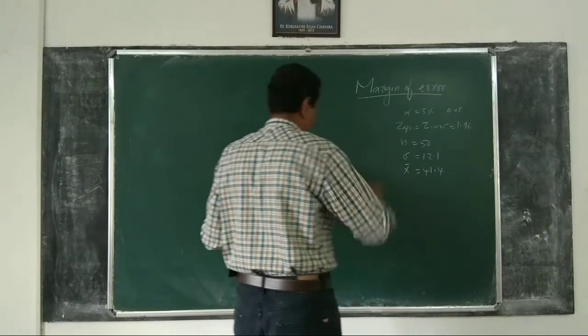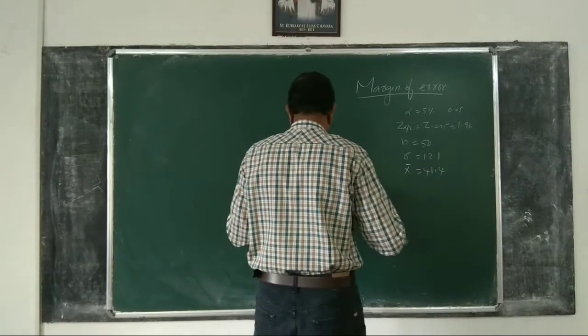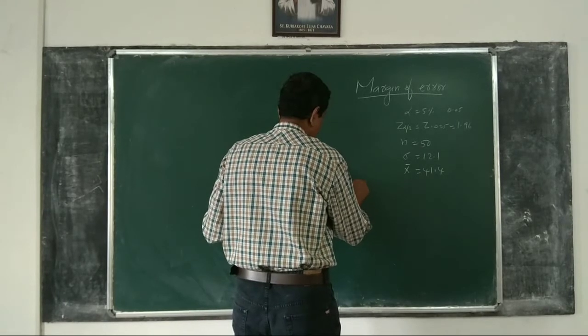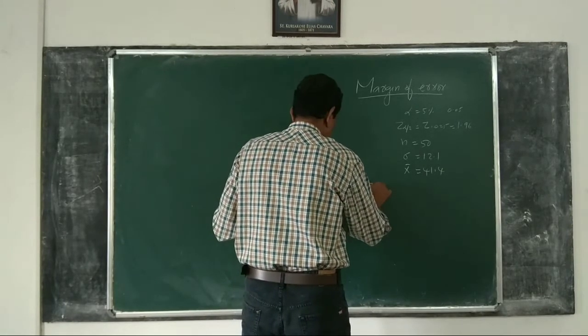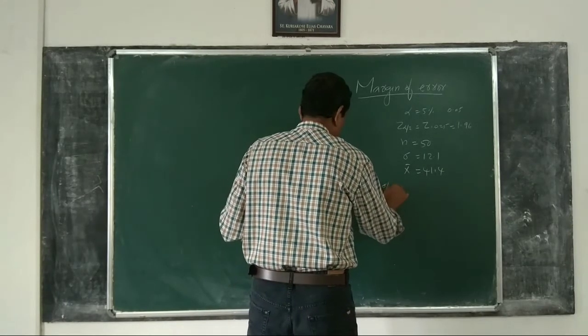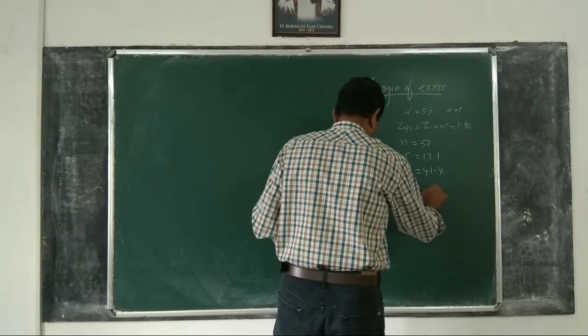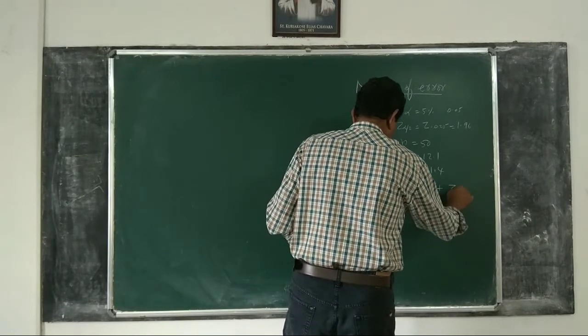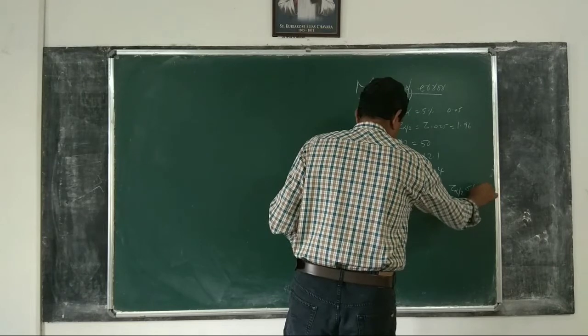Now, the 95% confidence interval for mu was x bar minus Z alpha by 2 sigma by root n to x bar plus Z alpha by 2 sigma by root n.